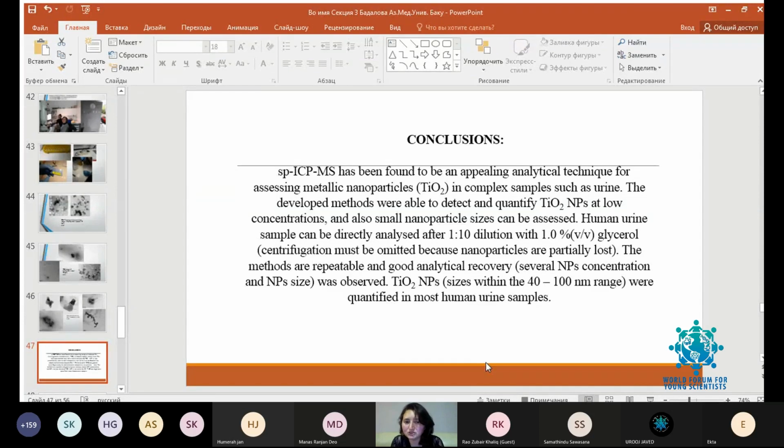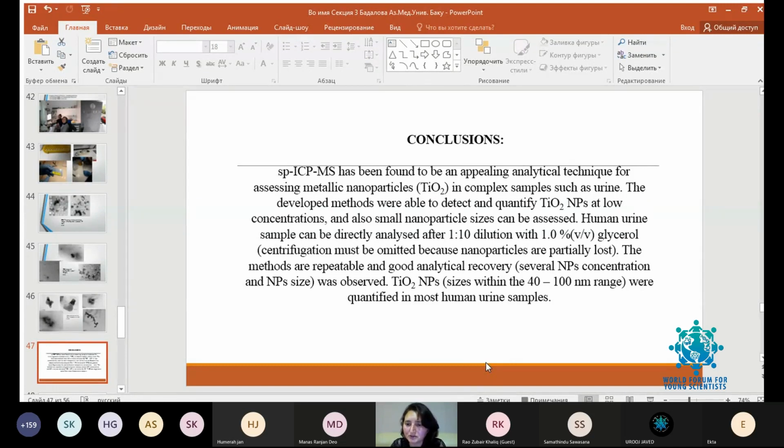But human urine samples can be directly analyzed after dilution 1 to 10 with 1% solution of glycerol. But centrifugation must be omitted because nanoparticles are partially lost. The methods are repeatable and have good analytical recovery.